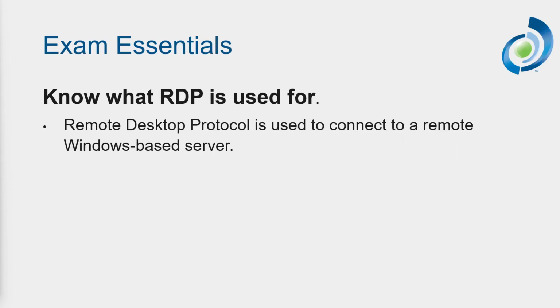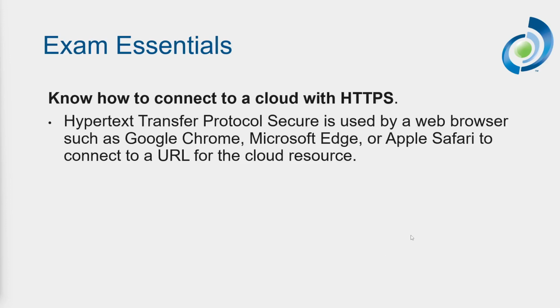Know what RDP is used for. So Remote Desktop Protocol is used to connect to a remote Windows-based server. So remember, we have to do other things for Linux, but for Windows, we can connect from one Windows machine to another using RDP.